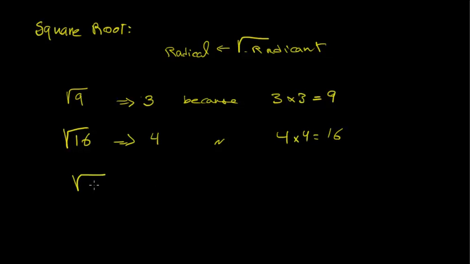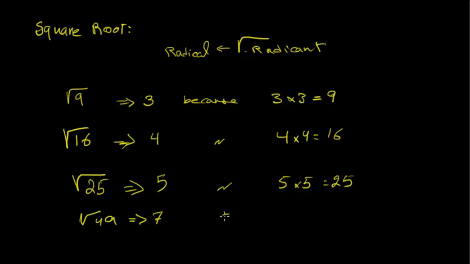The square root of 25, as you can guess, is 5, since 5 times 5 equals 25. Or the square root of 49 is 7, because 7 times 7 equals 49.